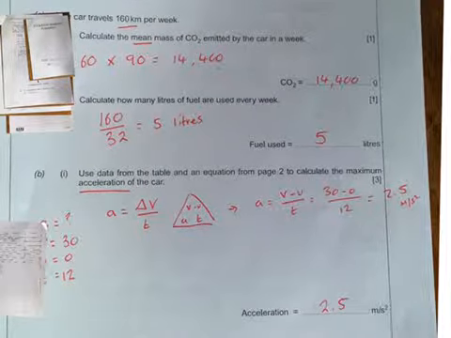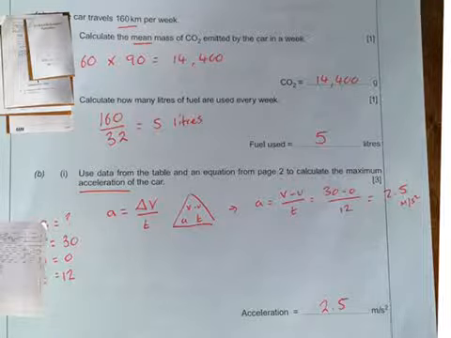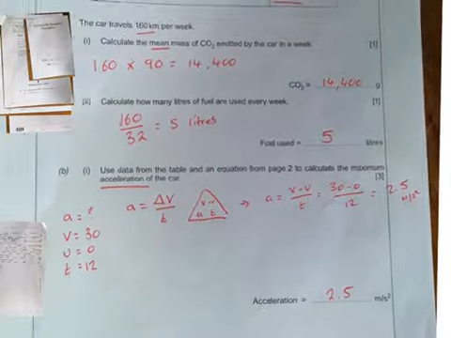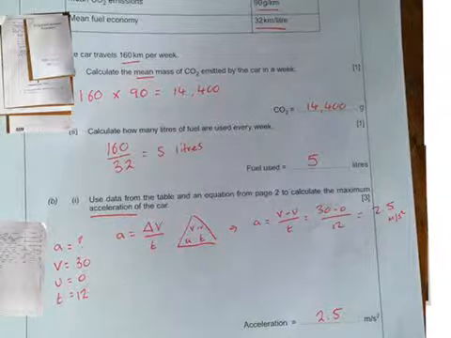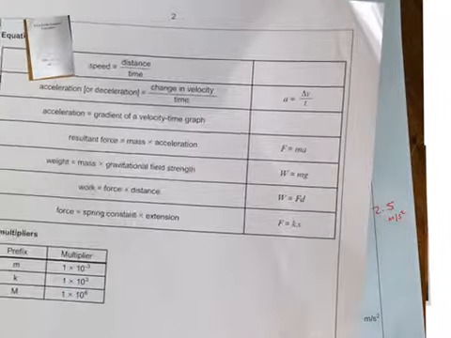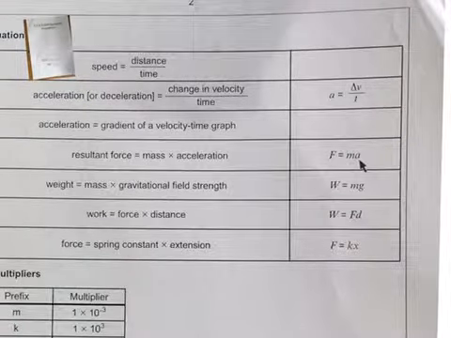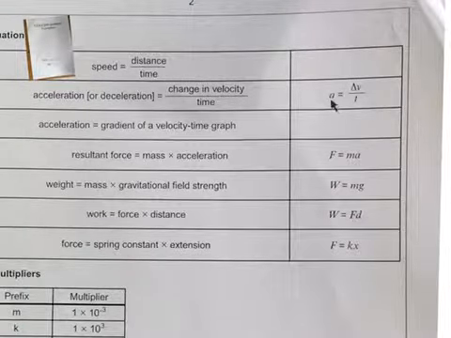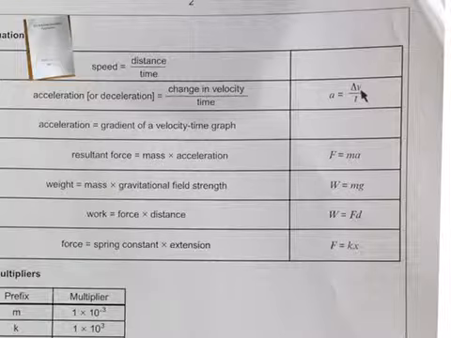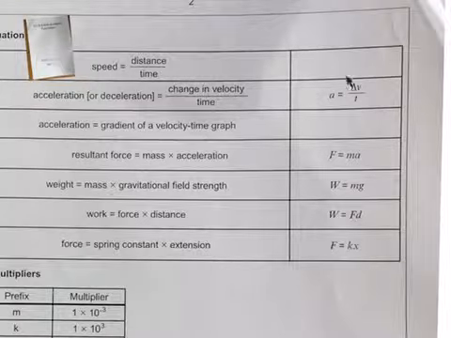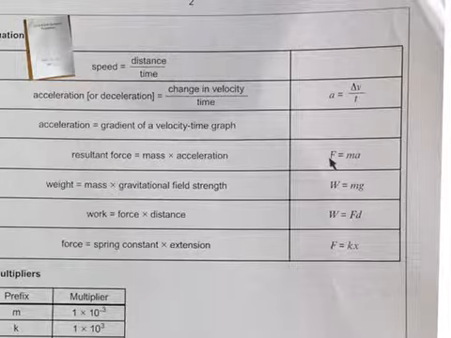Use the data from the table and an equation from page 2 to calculate the maximum acceleration of the car. Okay, so you've got 2 choices here for equations. For acceleration, you've got F equals ma, or you've got a equals change in velocity, which is v minus u, over t. Now, you've got a mass, but you've not got a force, okay?